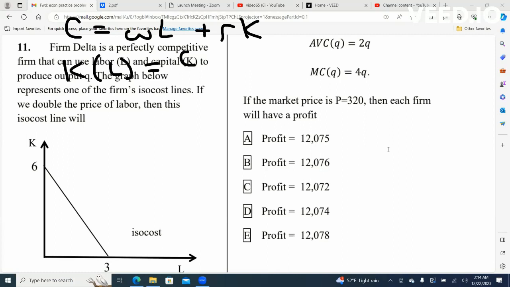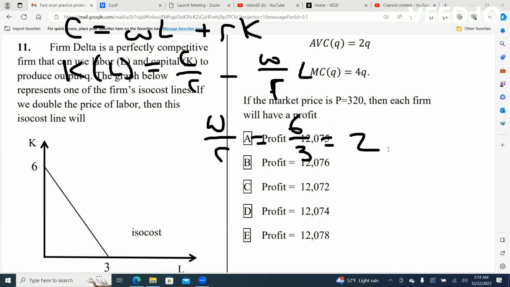If we do that, we have cost over R minus W over R times L. So W over R, it's negative, we make it positive, is going to be 6 over 3, which is going to equal 2. So the slope is going to equal 2.